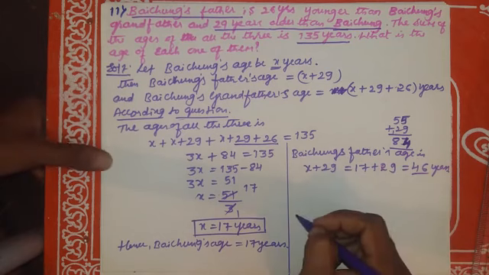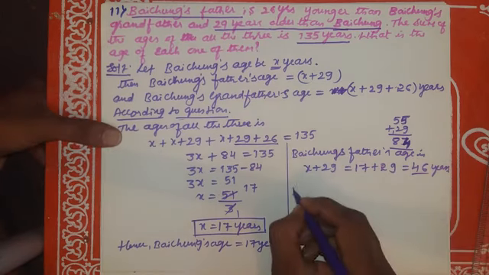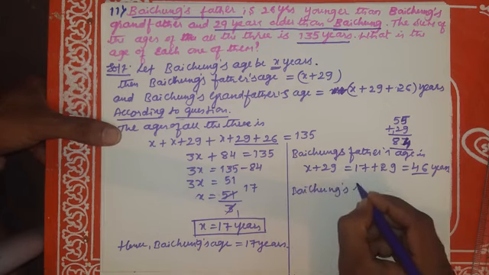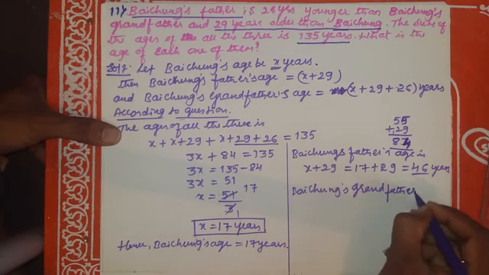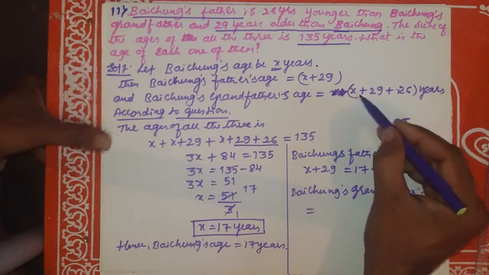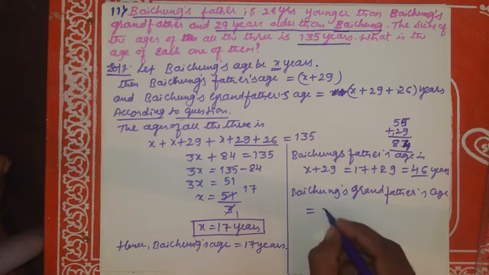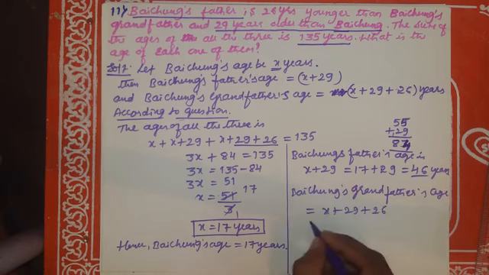Next, Baichung's grandfather's age is x plus 29 plus 26.